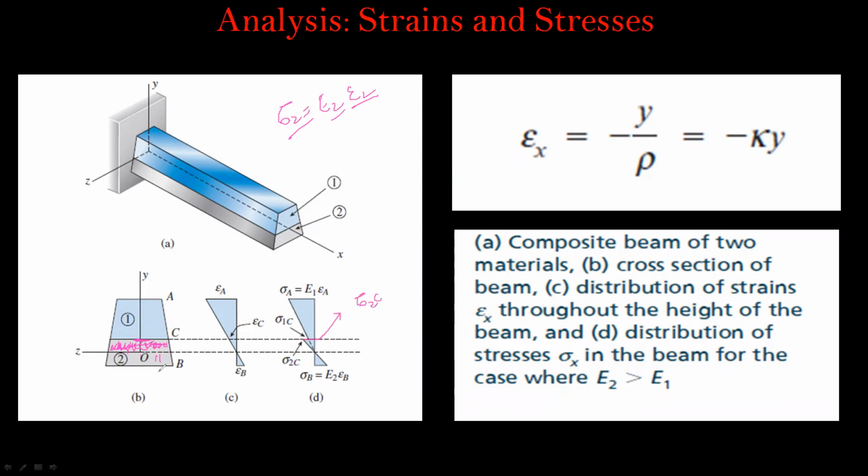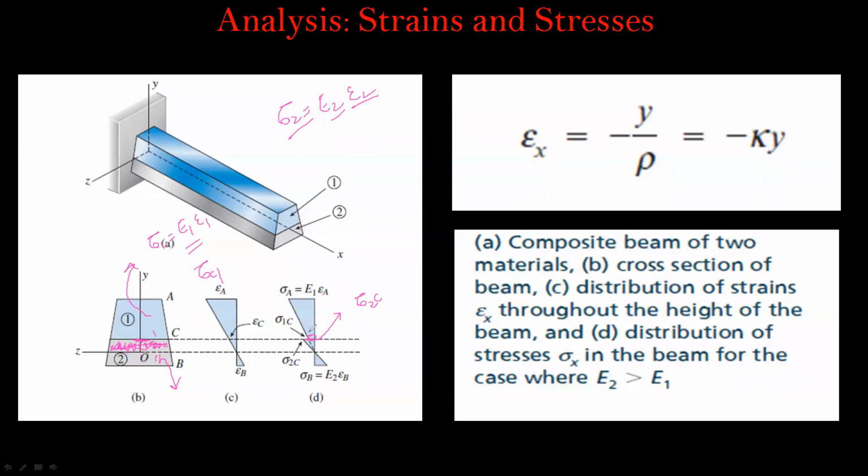When we use the formula for material 1, that is sigma 1 is equal to E1 eta in material 1, the value of the strain at the common surface will be sigma 1c because of formula 1.